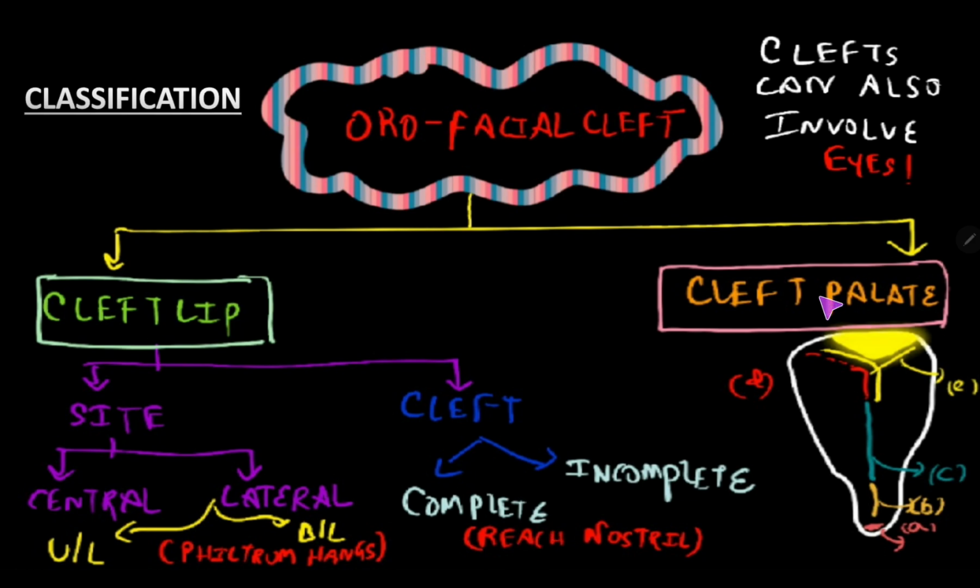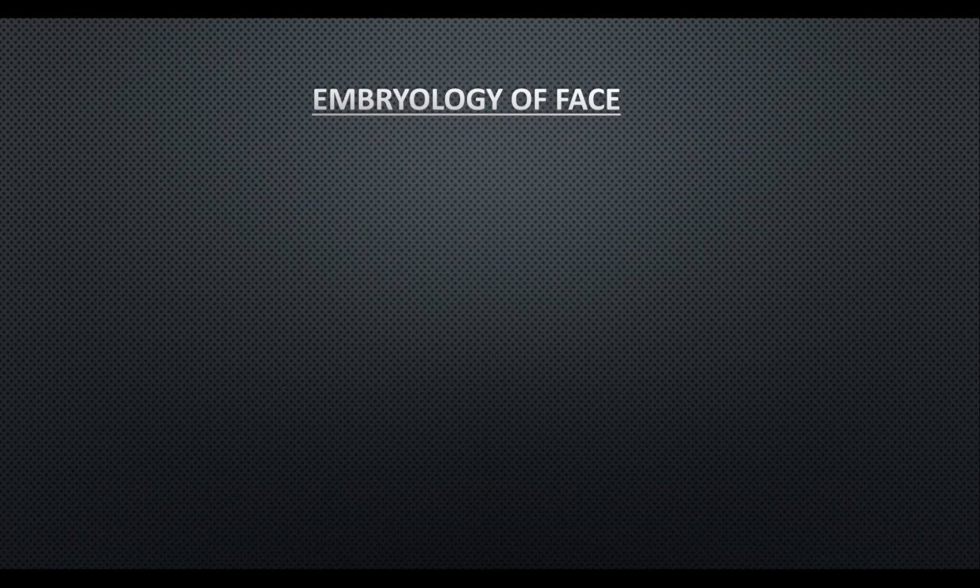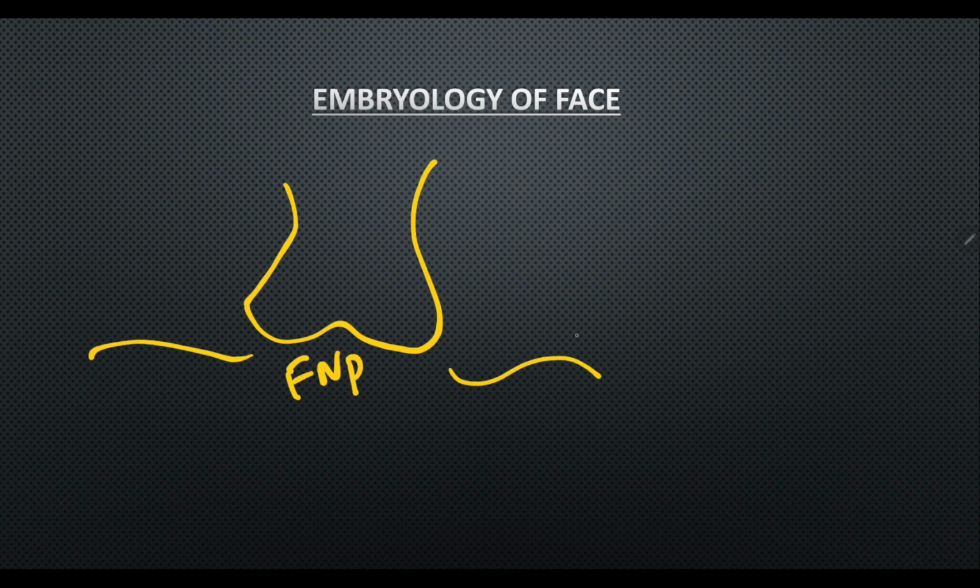Now we'll come to cleft palate. Before we go to cleft palate, let us discuss quickly the embryology of the palate. We have already discussed that the palate is going to form from two different sources. One is the frontonasal process, and the other is the maxillary process. It is developing like this.